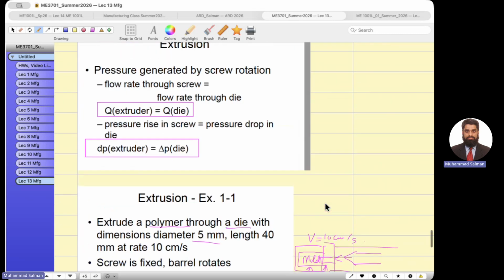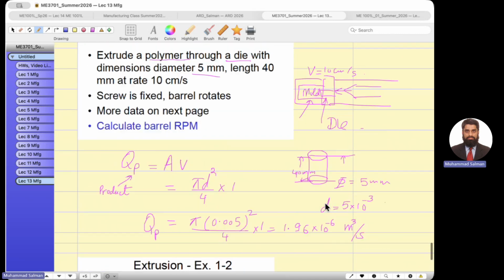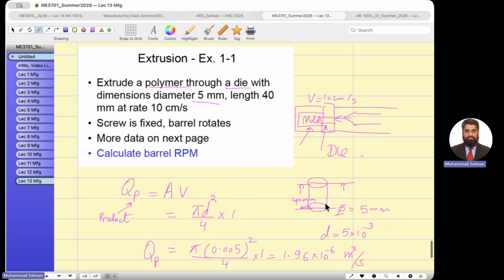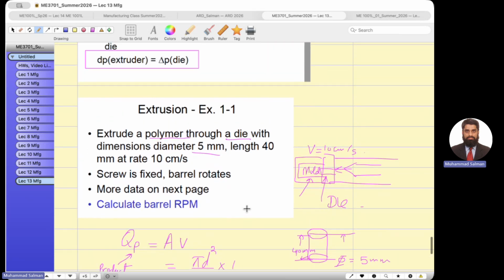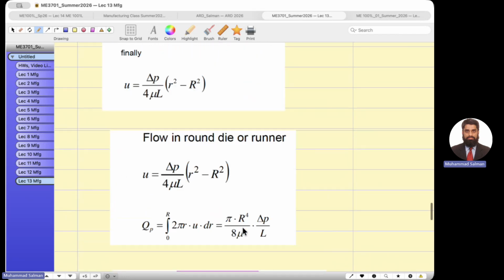So let me grab this formula. The question is calculate the RPM of the screw, or the barrel, it doesn't matter.